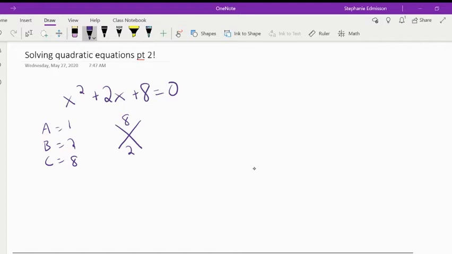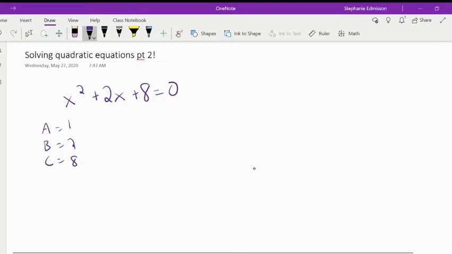Like 2 times 4 is 8, but I can't deal with that and get 2. So nope, this cannot be factored, which means that it's going to have a root in the answer. So we have to use our quadratic formula.